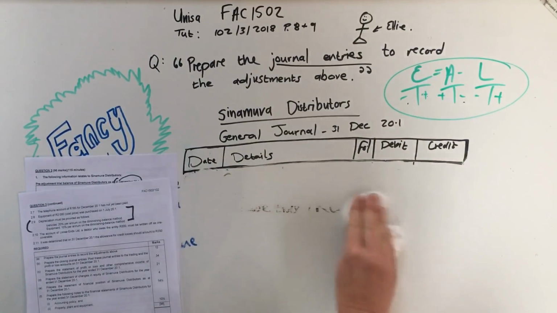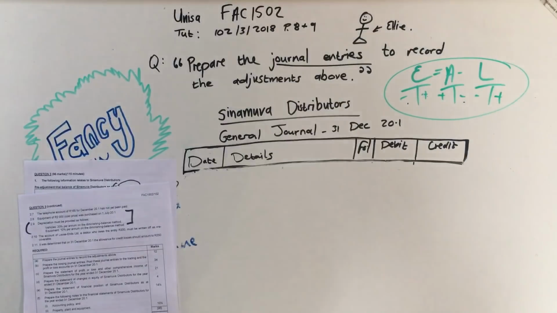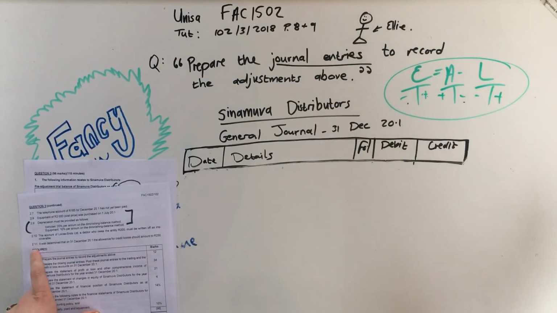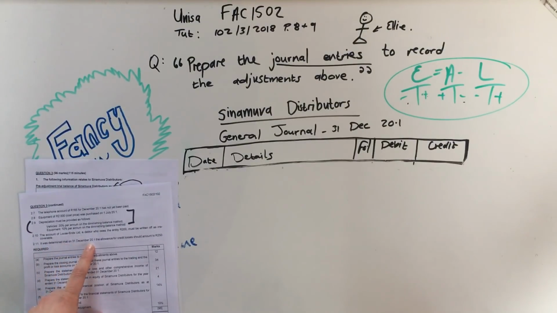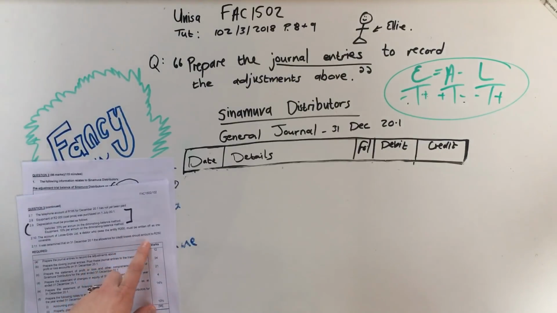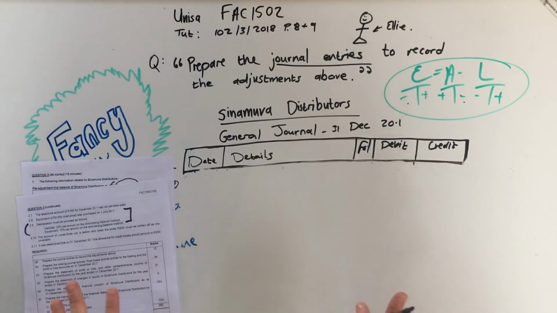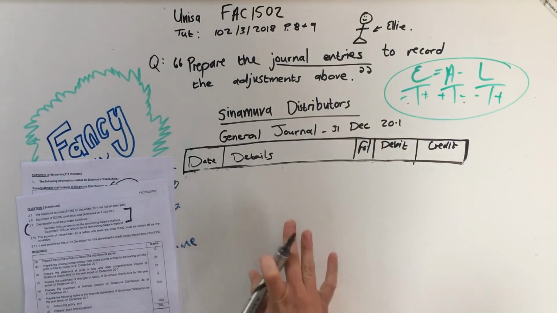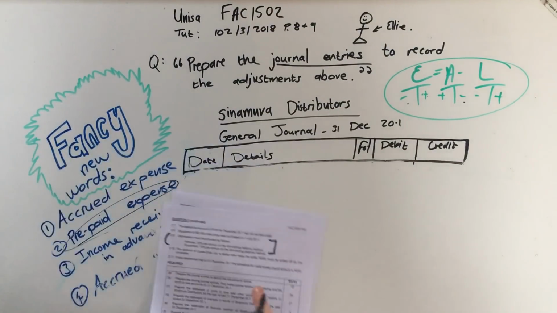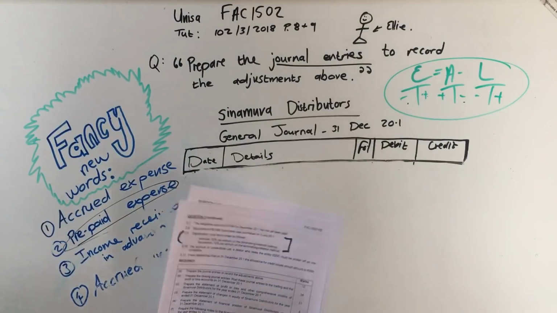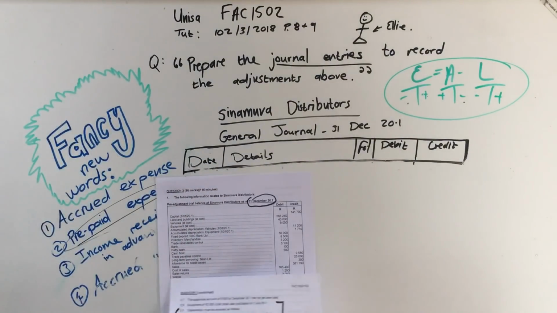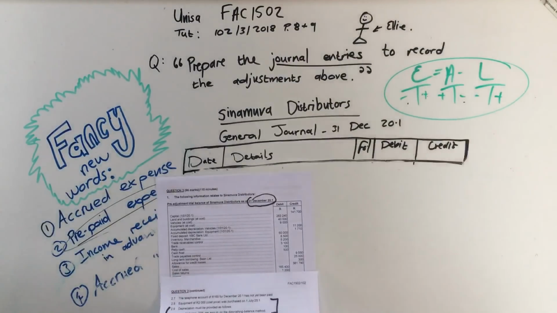Then the very last one of the adjustments we need to do. Looks very easy, but it's not. They say 12.11. It was determined that on 31 December, the allowances for credit losses should amount to 250. Allowances for credit losses. Now, that's a whole new account. The one we just used was credit losses. Now, they're talking about allowance for credit losses. Completely different thing. If I remember correctly, it's a liability.